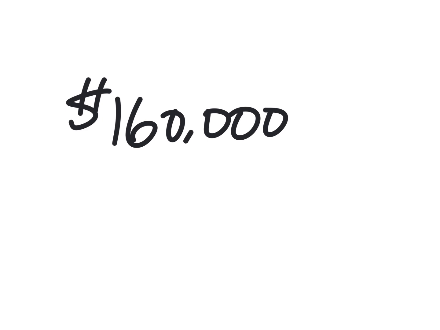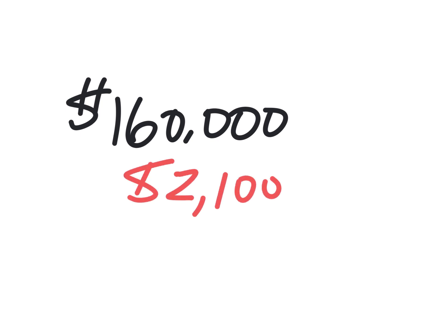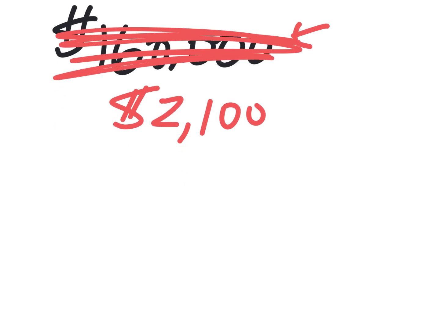So you've got this $160,000 income, and they will say the max you can borrow with that income is, let's say, $2,100 per month. I'm not saying that's exactly right for this, but there's a max, the most you can borrow. And guess what? You've used up.